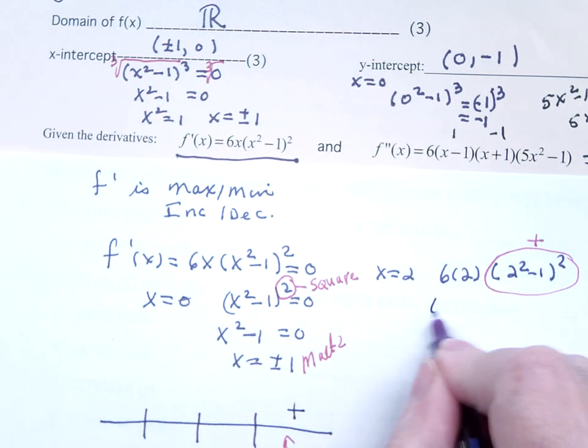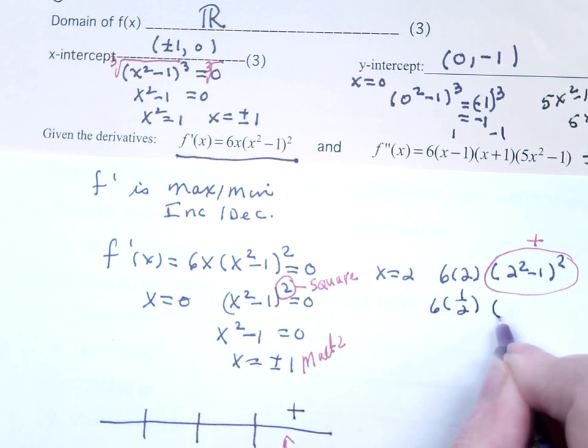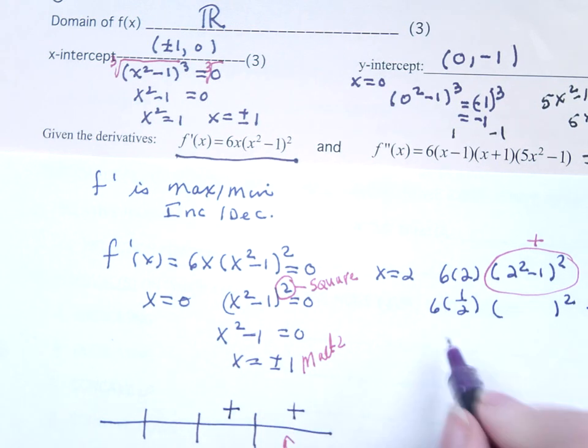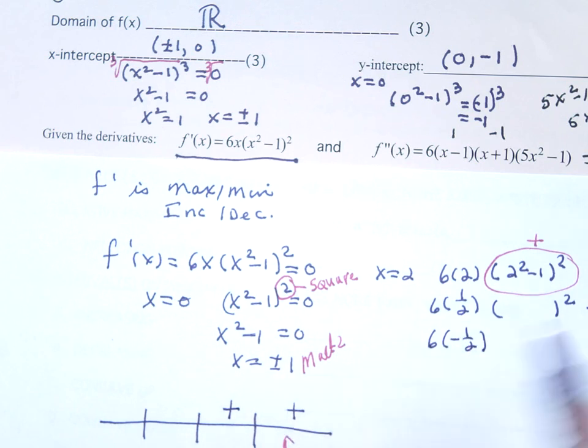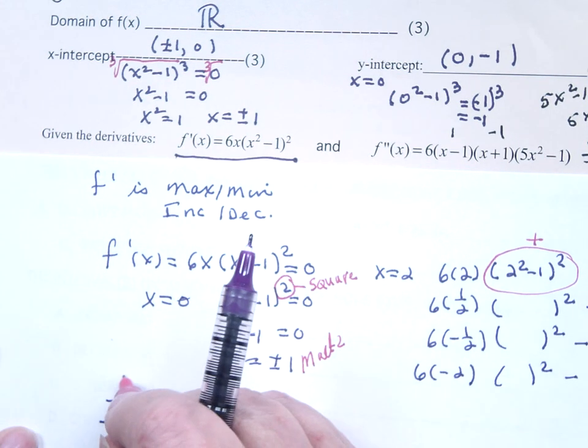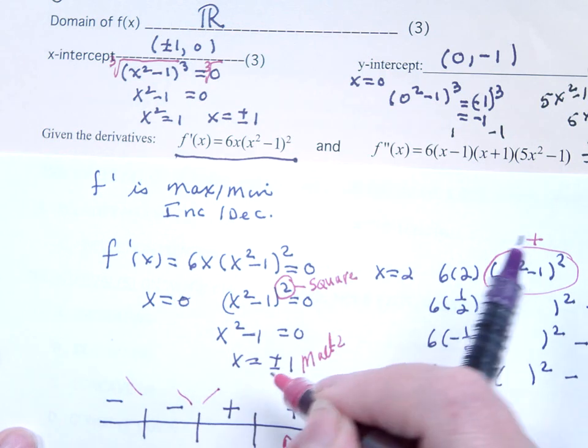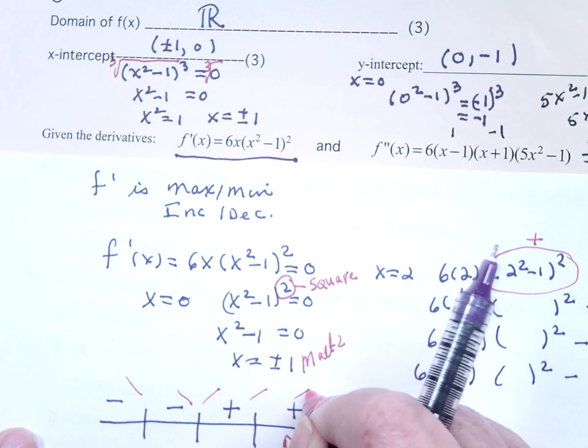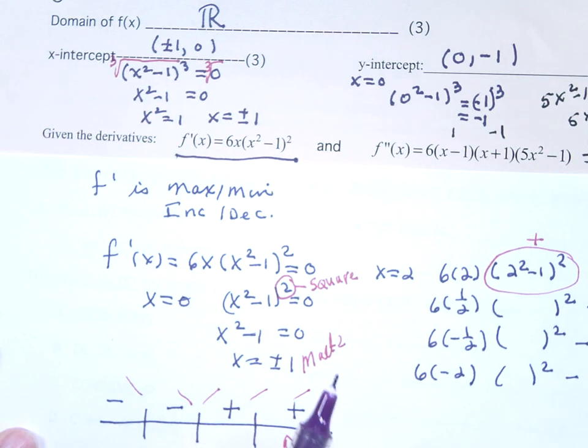And if I put in 1/2 times that thing squared, it's also positive. And if I put in negative 1/2, now I've got negative. And if I put in negative 2, again, times something squared, that's also negative. So decreasing, decreasing, increasing, increasing, increasing. So I only have a minimum here.